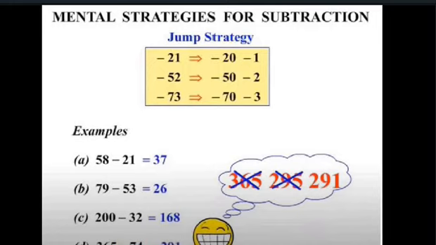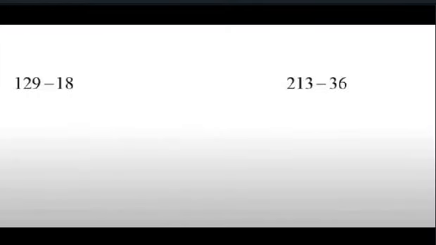Yippee! Now, we are going to move towards another strategy, that is the partitioning strategy. For example, 129 subtract 18. Here in 18, 1 represents 10 and 8 represents 8 ones.